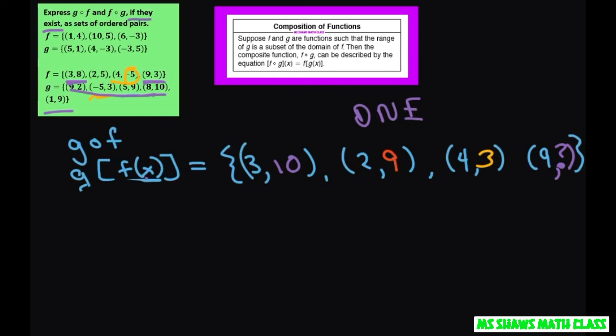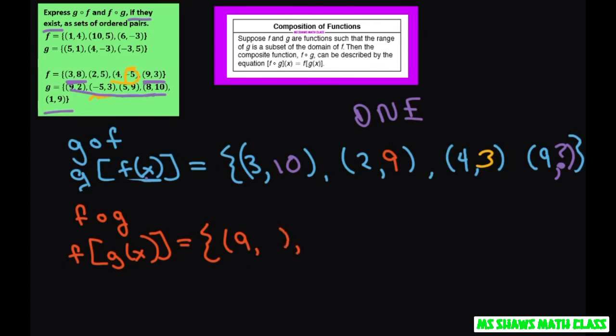So now we're going to do f of g. And so that's going to be f of g of x. Now you want to copy down all your x's for g. So that would be 9, negative 5, 5, 8, and 1.